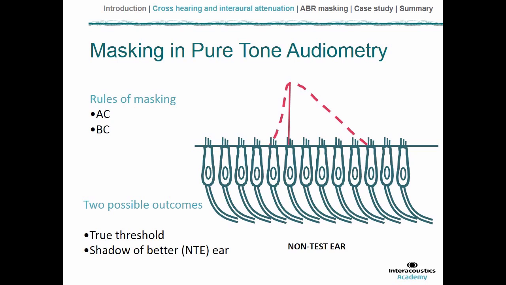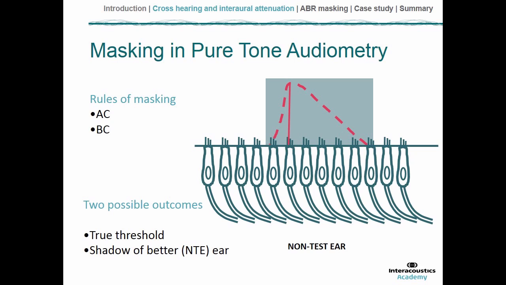And then when we invoke masking, what we do is we present a narrowband noise which is specifically designed with just the correct bandwidth for the type of pure tone signal that we're interested in, so that it completely covers, in terms of its amplitude and its bandwidth, the excitation pattern from any cross-heard sound.